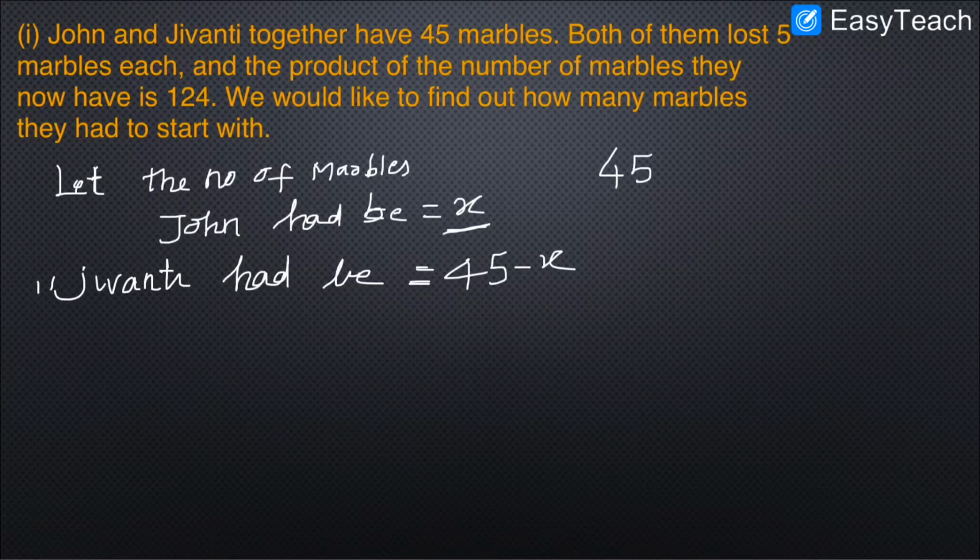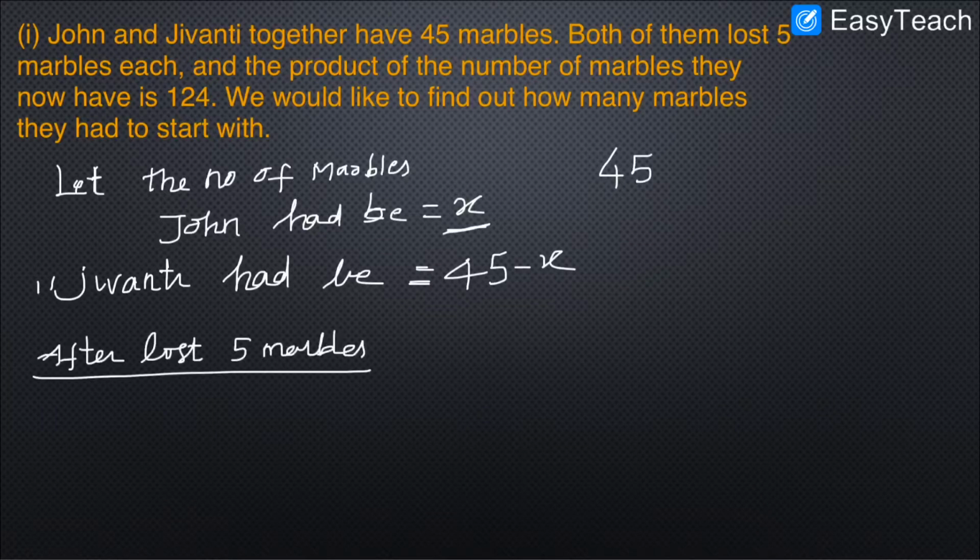Look at the second scenario: both of them lost 5 marbles each. After they lost 5 marbles, John has x minus 5 marbles now. Before he had x marbles, after losing 5 marbles, now he has x minus 5.